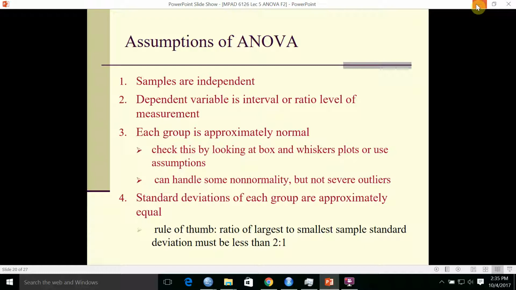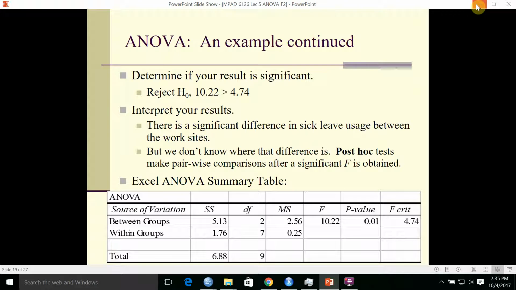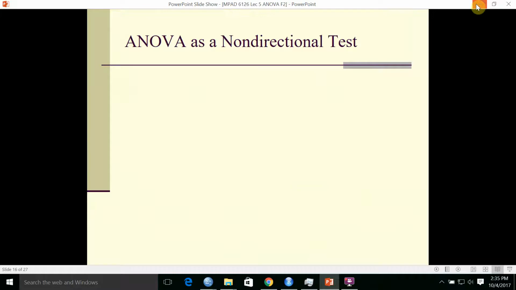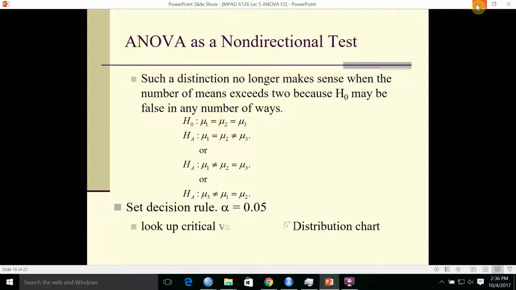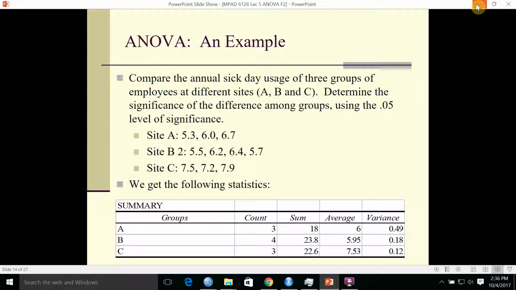So if we go back and we look at our example here, we can see that there doesn't appear to be any serious outliers, and then the variance, to get that into standard deviation, you'd square root that.